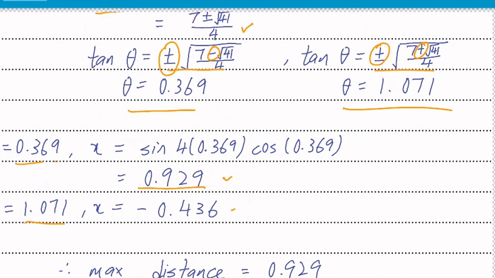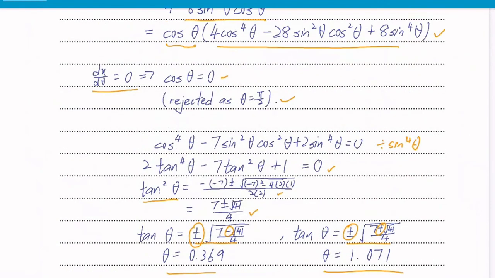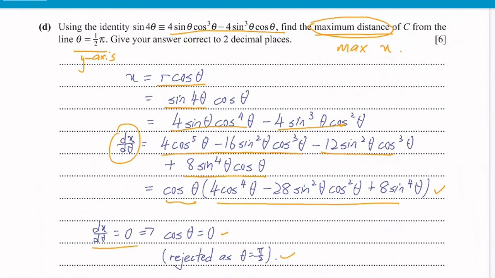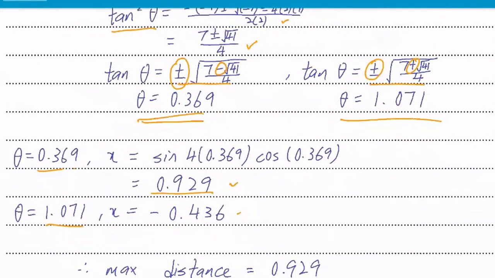For this one, it's very difficult for us to use the second derivative. If we do the second derivative of dx by d theta, it will be quite a lot, so that is the reason why we don't want to do that. Since there are not a lot of values, we can just sub in the value of the theta to look at the maximum of the x.